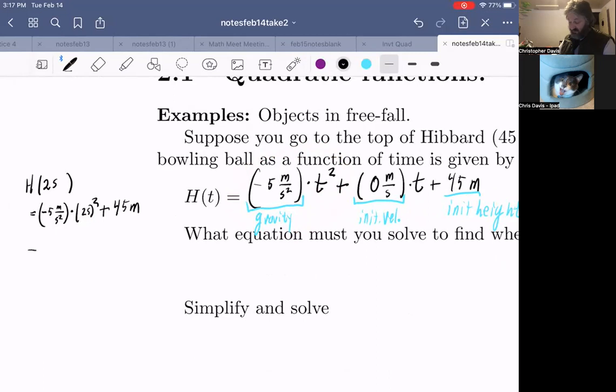Let's just see what that winds up being. So that'll be -5 meters per second squared. And what's a second squared? It's a second times a second. So -5 meters per second times seconds, multiplied by 2s times 2s, because that's what it means to square, plus 45 meters.